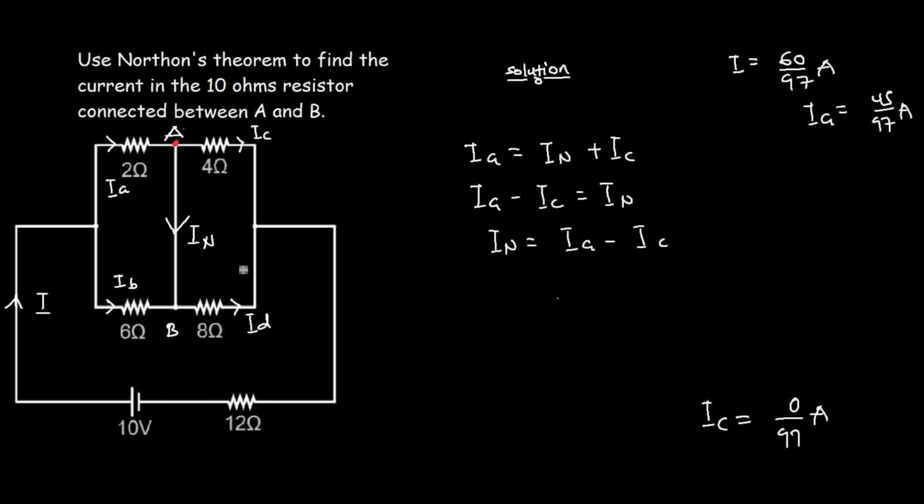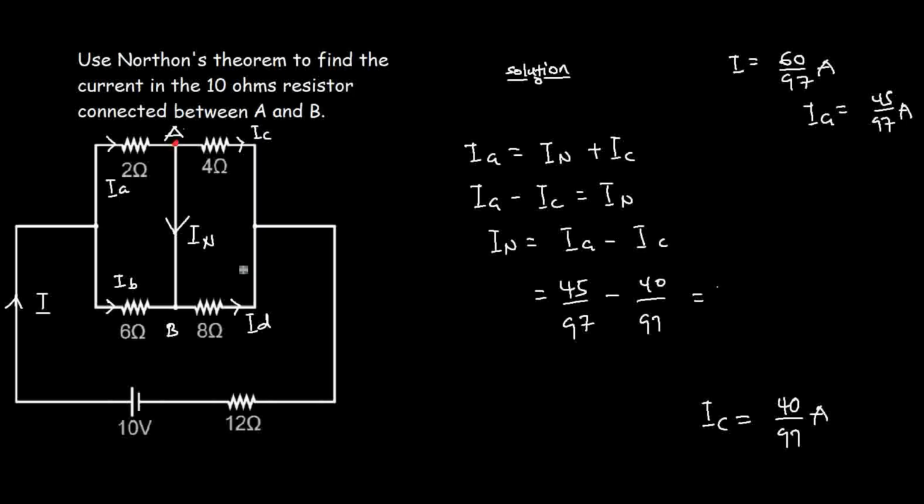So you know IA to be 45 on 97, minus IC, which is 40 on 97.